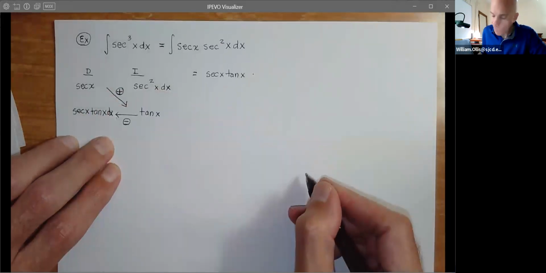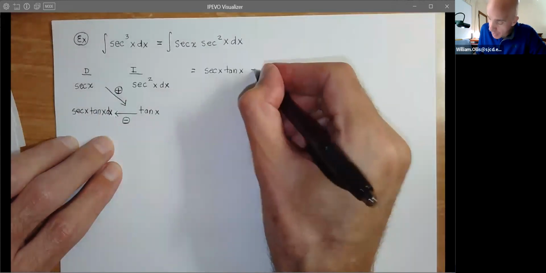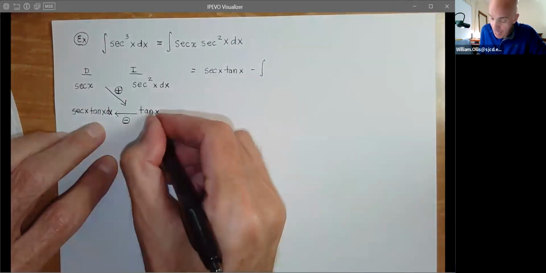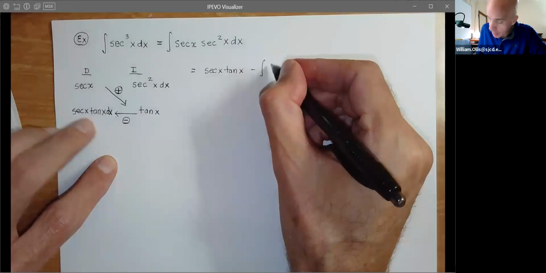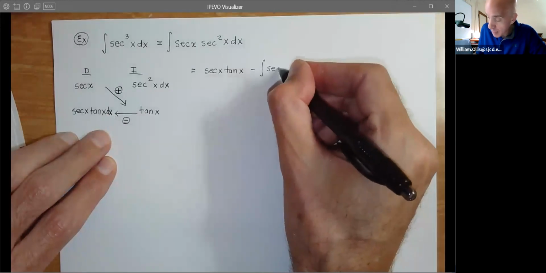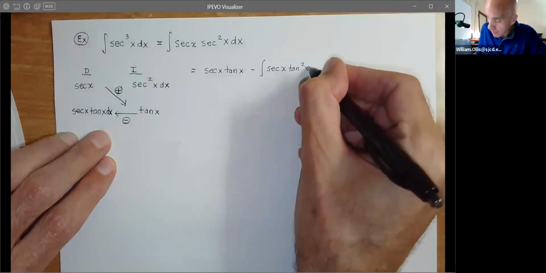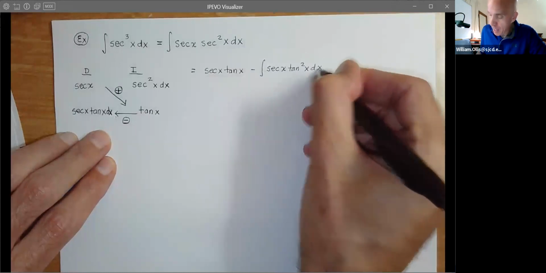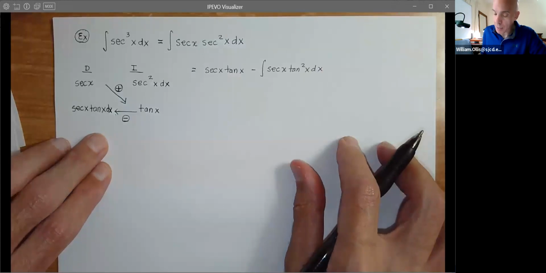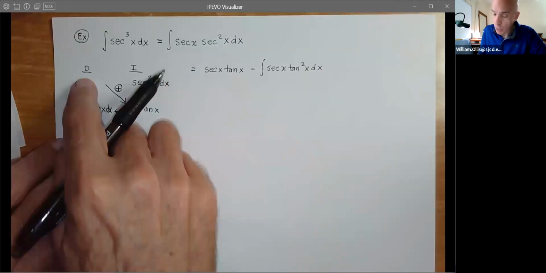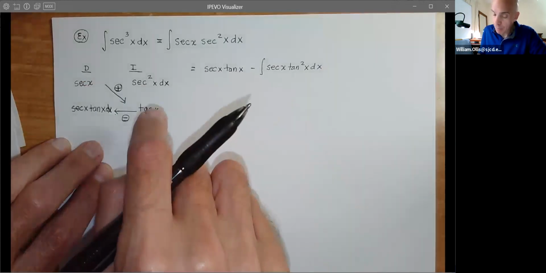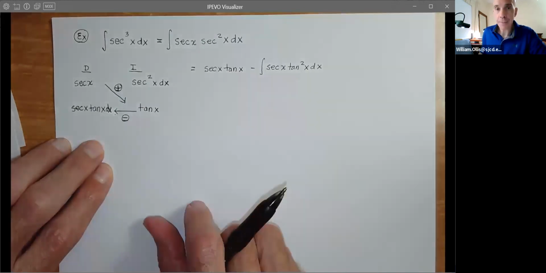Okay? So now we have minus the integral. So we're going to have a tangent times a tangent and the secant. So we have secant x tangent squared. So integration by parts says uv minus the integral of v du, right there.